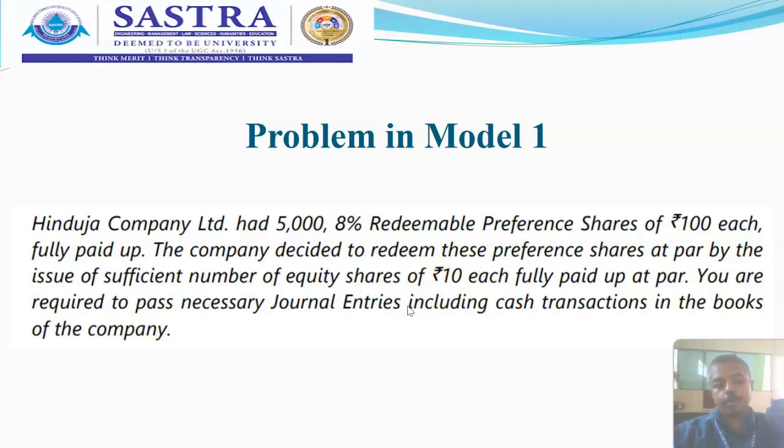Here, the amount payable on redemption of preference shares is transferred to preference shareholders account. The next, the preference shareholders account debited to bank account, which means through the issue of shares we got the amount, so that amount is transferred to preference shareholders.